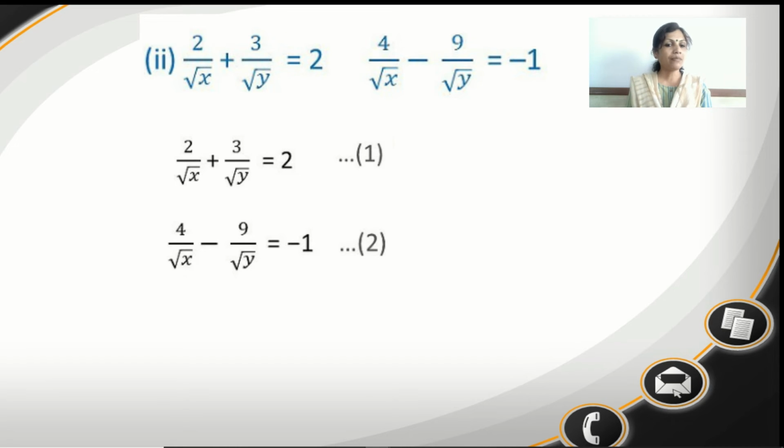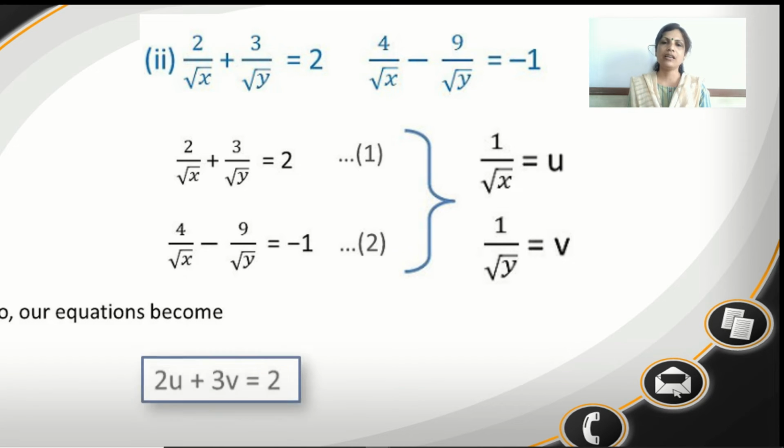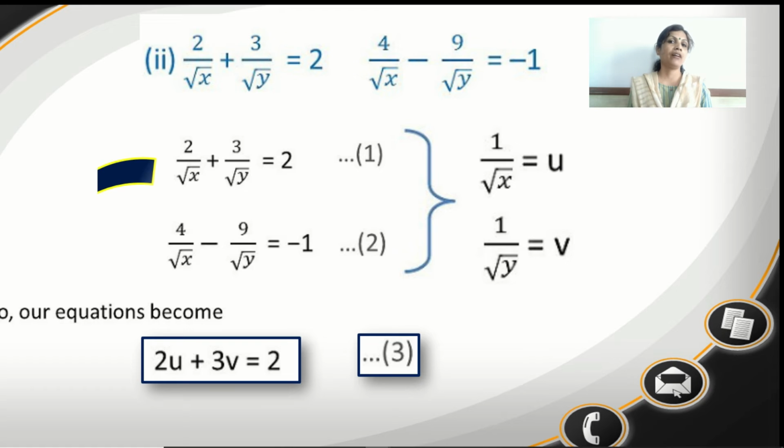Now what will be our substitution? Our substitution will be, let 1 upon square root x is equal to u, and 1 upon square root y is equal to v. So how will we write that? It is 2 into u plus 3 into v is equal to 2 is equation 3. And you can make out that our equation number 1, we have made it so simple to solve.